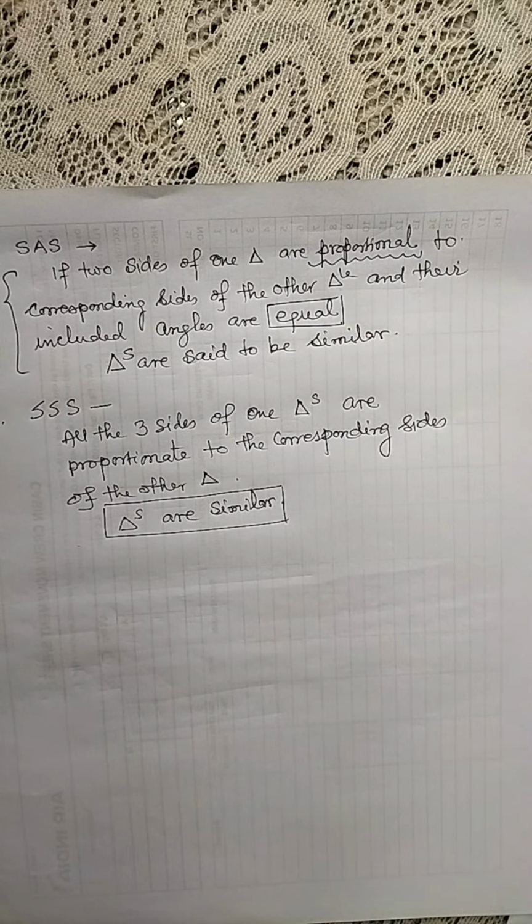And the second exercise is a little bit important, having perhaps 8 to 10 questions, and you should try them. And the last exercise also has 12 to 15 questions around, and they are important. So please do try each and every question.